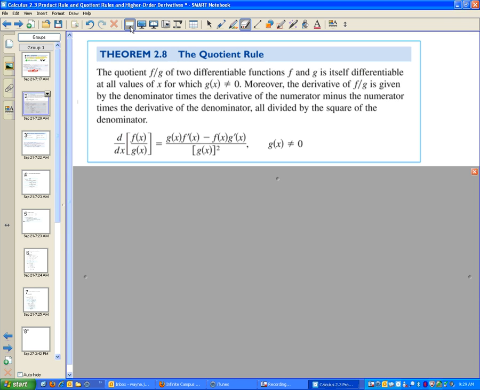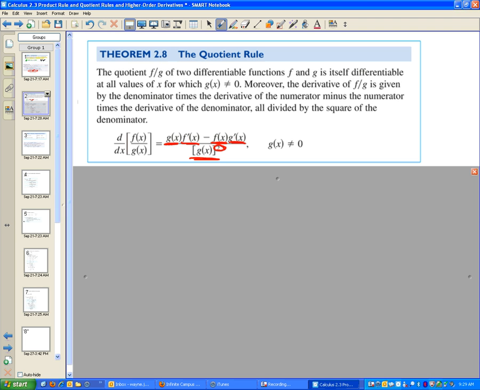Low-D high minus high-D low over low-low. Do you see what they're talking about? Low, the bottom, D high, derivative of the top, minus high, D low, over low-low.